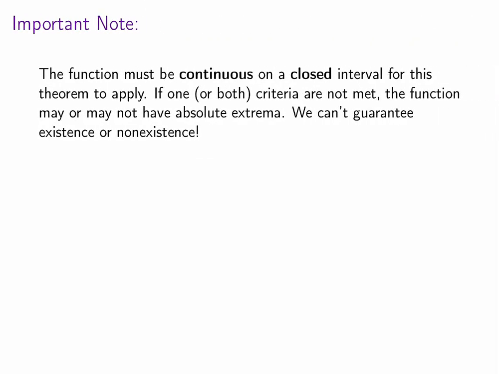All right, so here's an important note. The function must be continuous on a closed interval for this theorem to apply. If one or both are not met, then we may or may not have absolute extrema. We can't guarantee anything. So an example, what if we had a function that looked like this? And those arrows kind of implying that it's going down forever on each side.